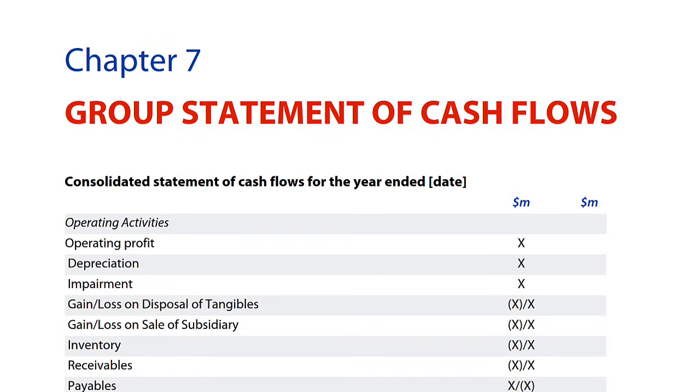So what we need to do is say, how does the statement of cash flow look? And then specifically, what are the issues if you've got a group? The statement of cash flows is, as it always has been, in three sections.